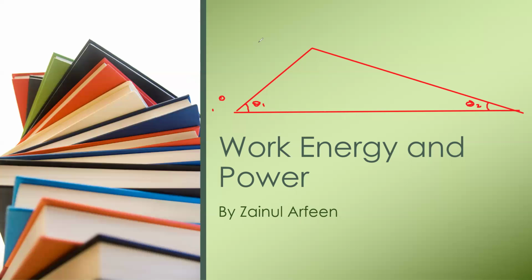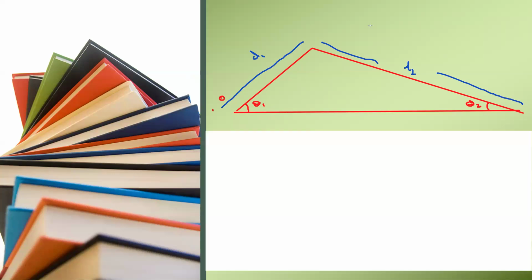The distance moved here is D1, and the distance moved here is D2. If I want to compare the work done by the climbers, the weight of the first climber is W1 and the weight of the second climber is W2. I want to calculate the work done.